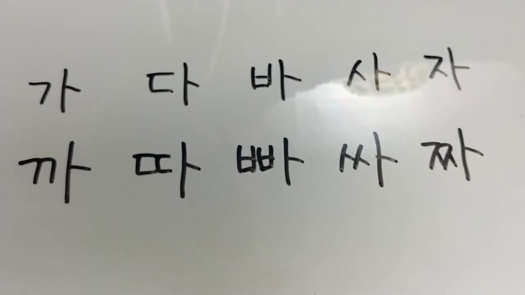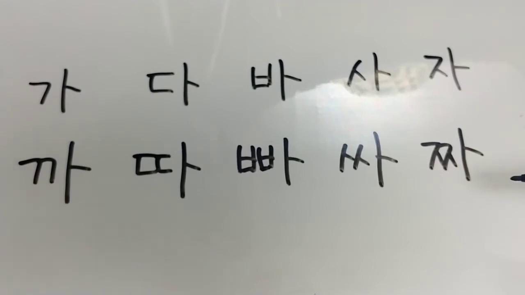So let's compare these words. I just wrote the consonant here with A, the vowel A, because A is the very basic vowel. And these are the double consonants, 쌍자음.